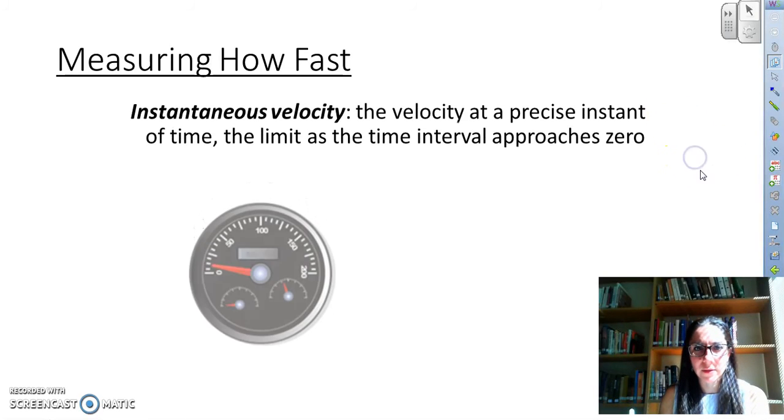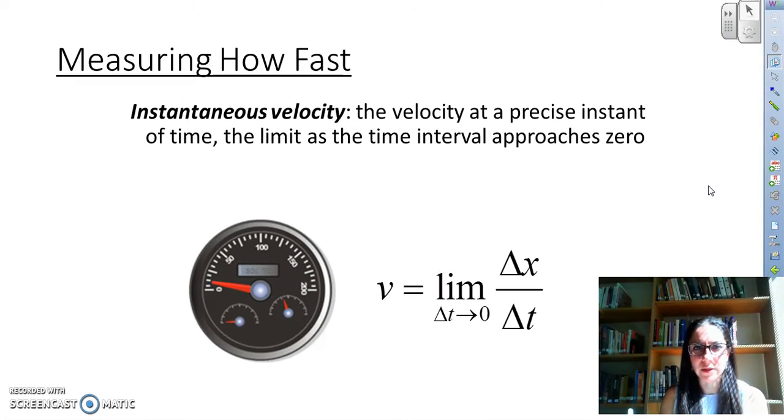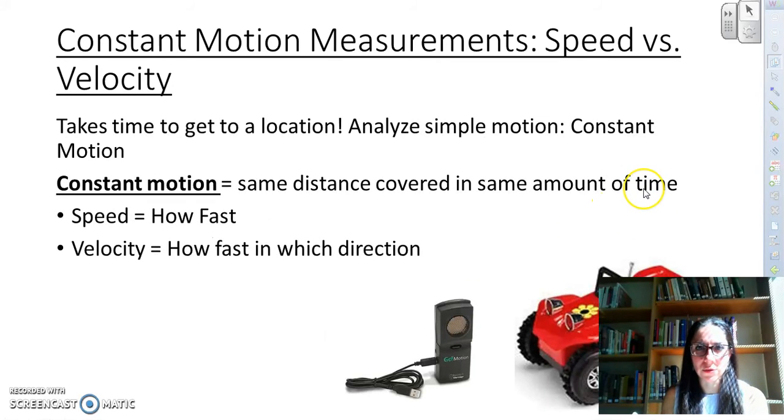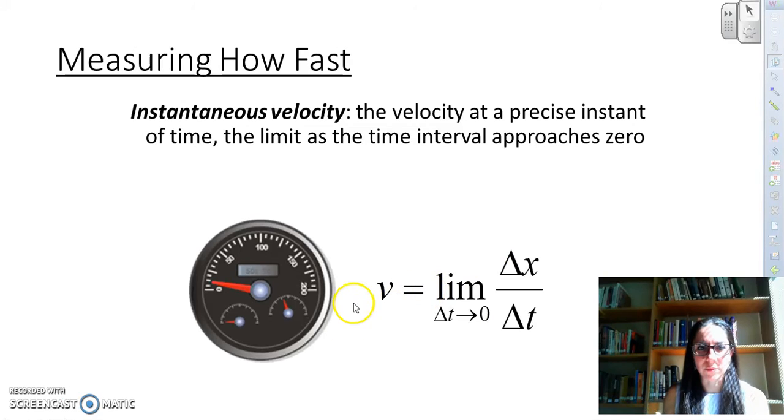Lastly, there is this thing called instantaneous velocity, where basically you take the derivative, or the limit as it approaches 0, at one exact moment. So, for example, if you look at your speedometer at any one point, when you look at that one instant, it tells you the instantaneous speed.